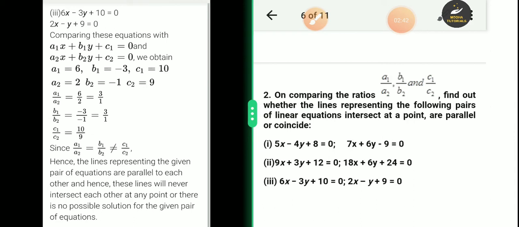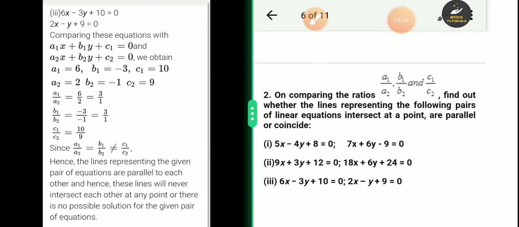Question 3. Equations are 6x minus 3y plus 10 is equal to 0 and 2x minus y plus 9 is equal to 0. On comparing with standard equations, we can write for equation 1, a1 is equal to 6, b1 is equal to minus 3 and c1 is equal to 10. And for equation 2, a2 is equal to 2, b2 is equal to minus 1 and c2 is equal to 9.